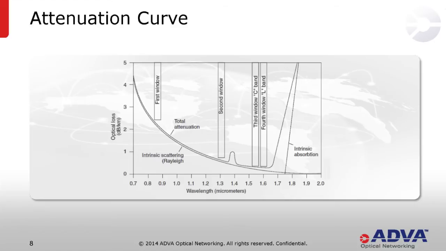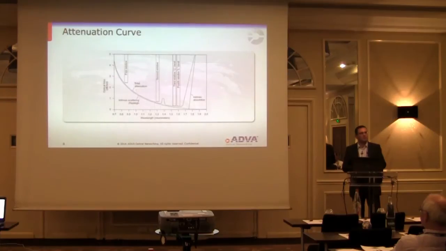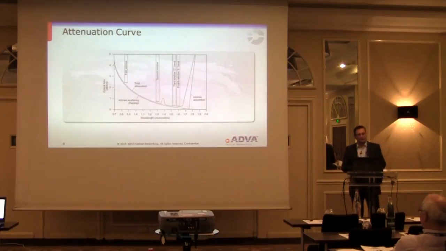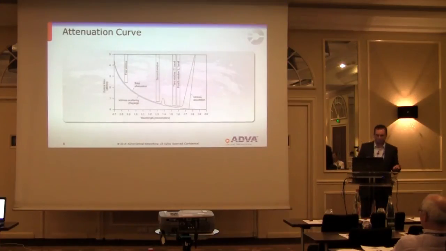So within data centers, within offices, this is used very often. This was also used at the beginning of optical transmission because it's easy to build something from a technology perspective. But it doesn't help a lot. You can see attenuation is very high in this window. And there are also other problems with it.